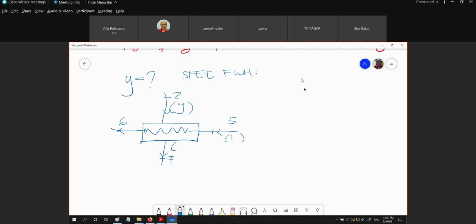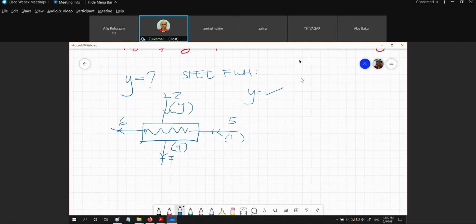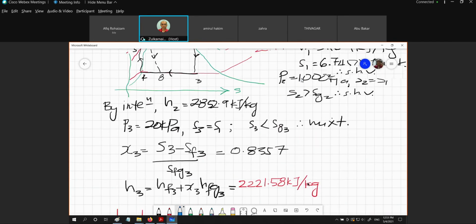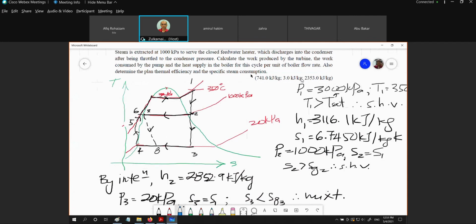This is Y. So energy in, H5 times 1 plus H2, equal to the energy out. Okay? From this energy balance, you will get the Y value. So after that, you can get all the parameters and make sure that you have this answer.